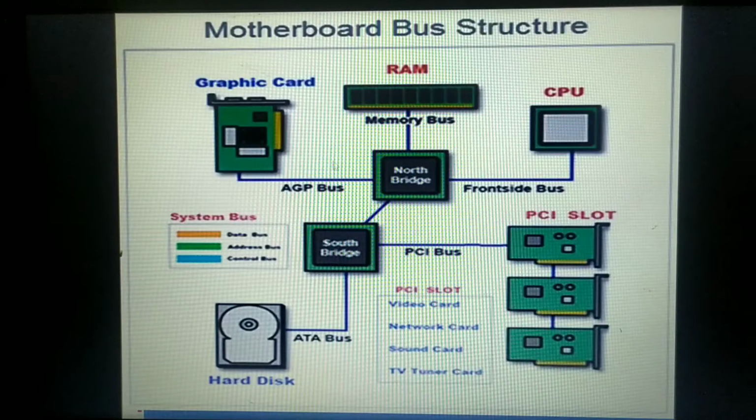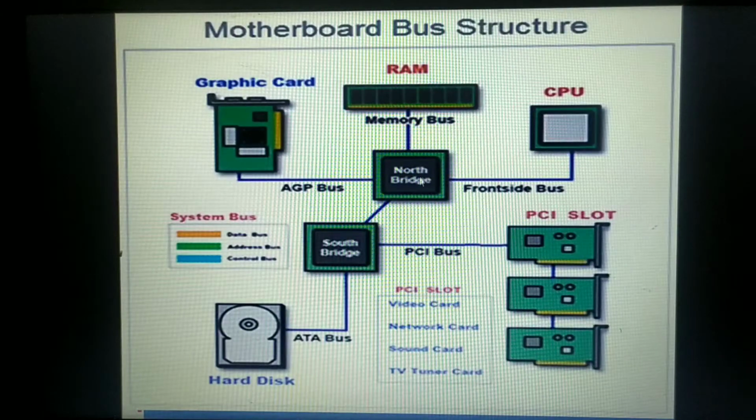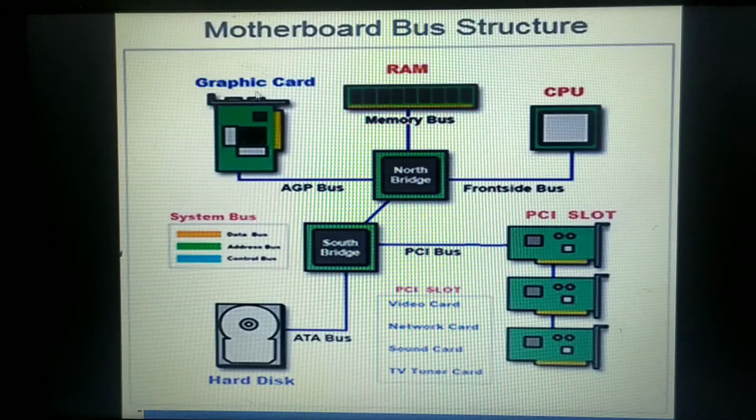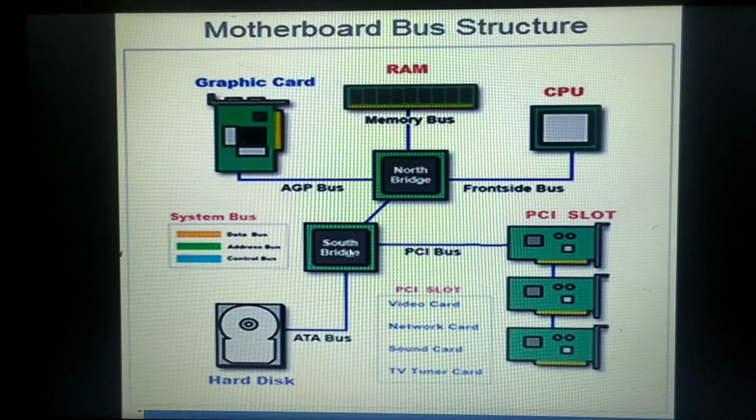So the same thing is replaced with the devices here, and the north bridge is also connected with AGP, that is the accelerated graphics port, which is responsible for providing the graphics for the 3D environment for gaming purposes. Similarly, the south bridge is connected with the PCI slots, which help you connect the video card to your computer system.